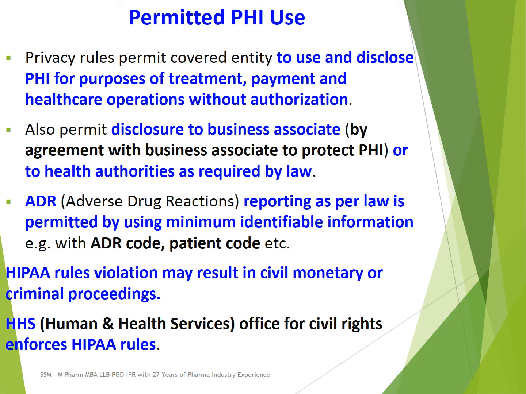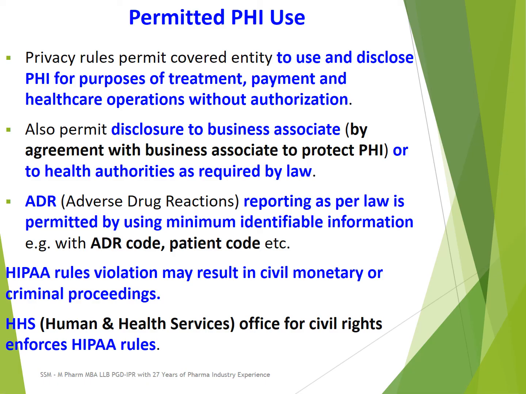Next is permitted protected health information use. Privacy rules permit a covered entity to use and disclose protected health information for purposes of treatment, payment, and healthcare operations without authorization.